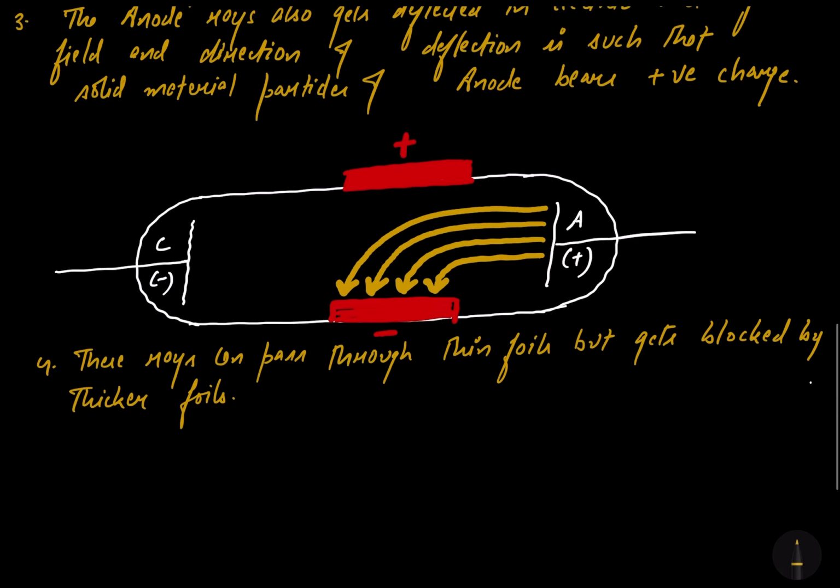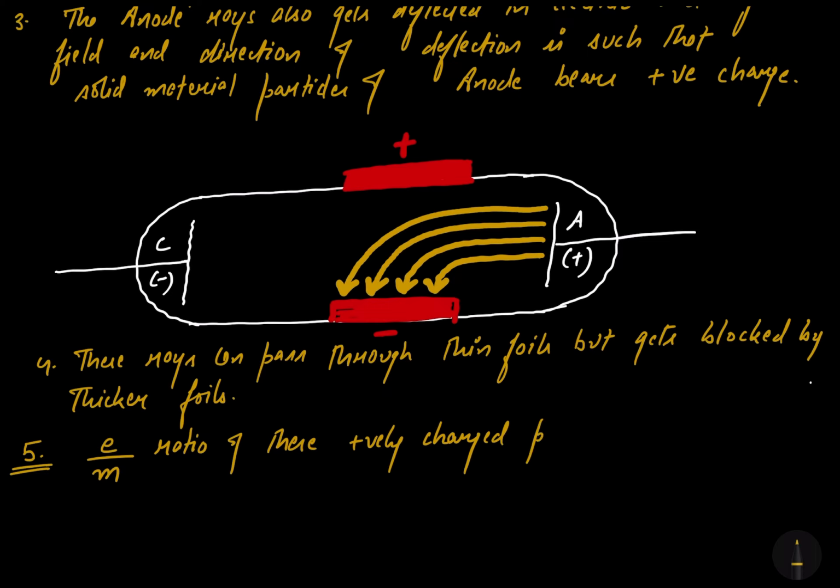Now let's talk about the charge to mass ratio of these positively charged particles. Firstly, the charge to mass ratio of these positively charged particles was different for different gases.